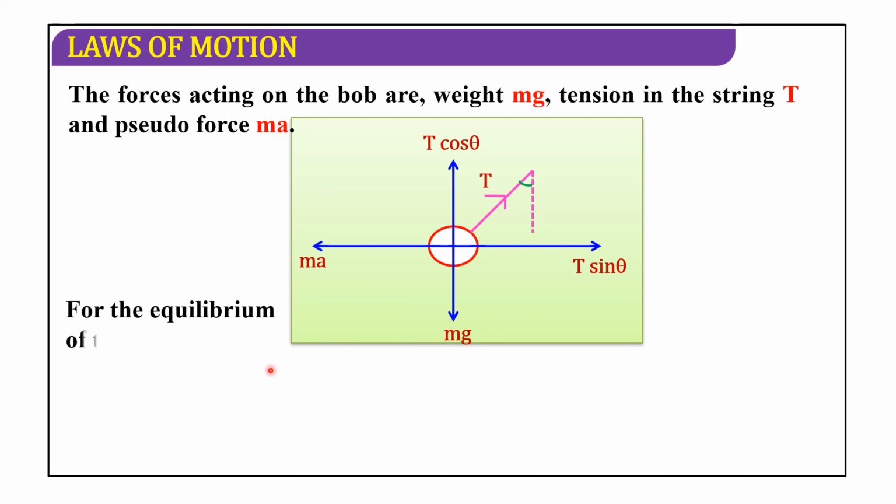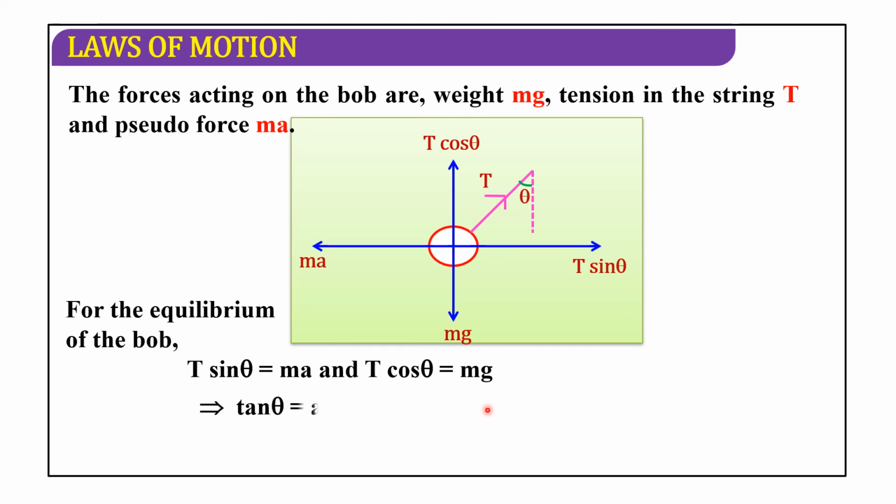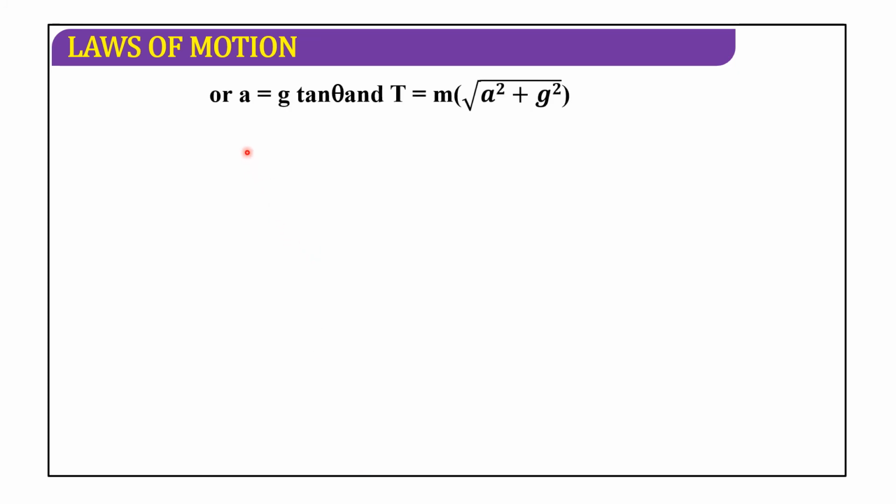For the equilibrium of the bob, T sin theta is equal to ma and T cos theta is equal to mg. So we can write tan theta is equal to a by g. So theta is equal to tan inverse of a by g, or a is equal to g tan theta, and T is equal to m times root of a square plus g square.